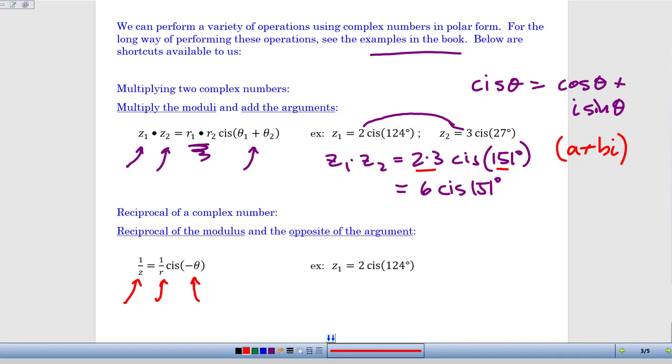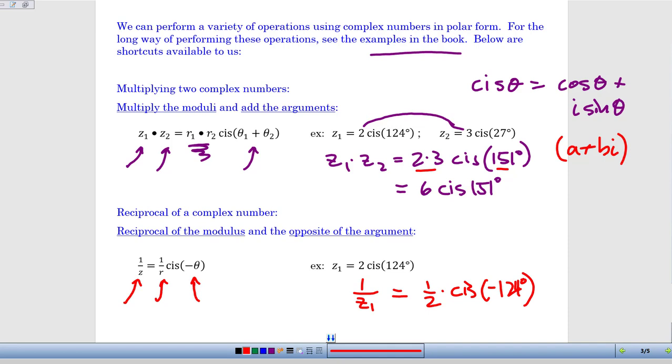So if I wanted to find the reciprocal of this number z1, I'm going to take the reciprocal of r, so 2, take the reciprocal of that, I get 1/2, and then it's cis, or cosine of 124 plus I sine 124 becomes cis of negative 124. I just changed the angle to its opposite.